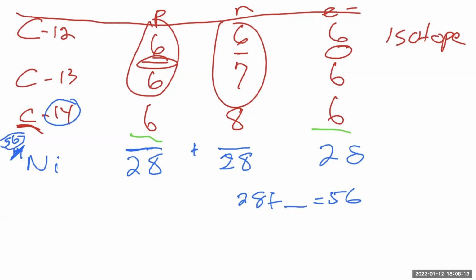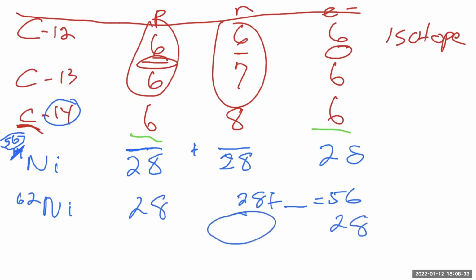So the protons are 28, the neutrons have to be the other 28. Does that make sense? Okay, say we had nickel 62. We still have 28 protons. We still have 28 electrons. How many neutrons would we have? It was nickel 62.